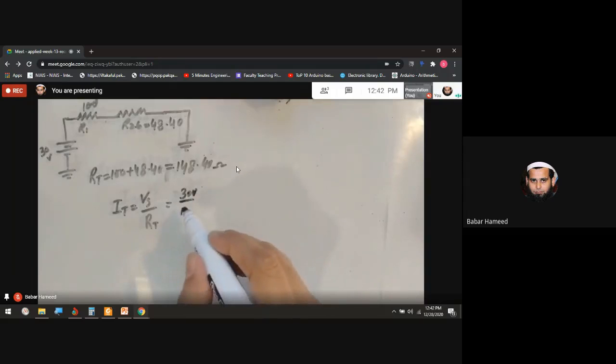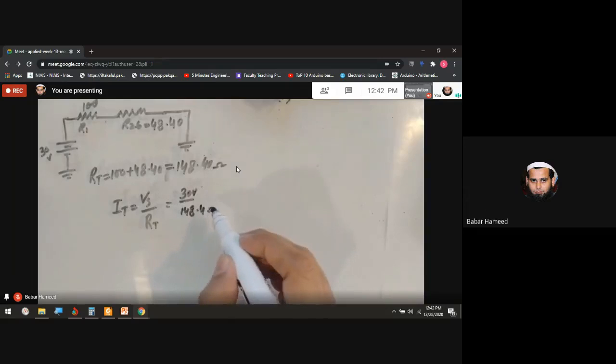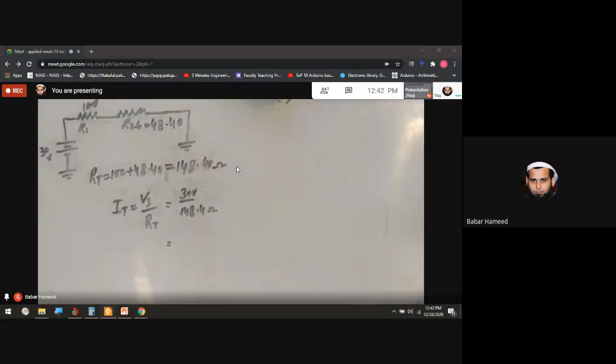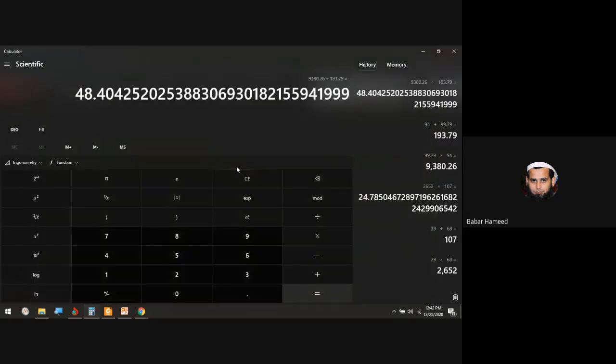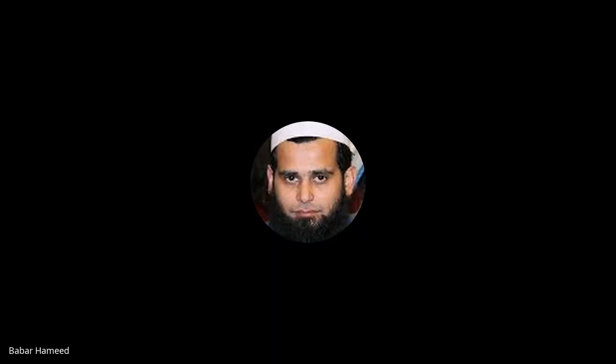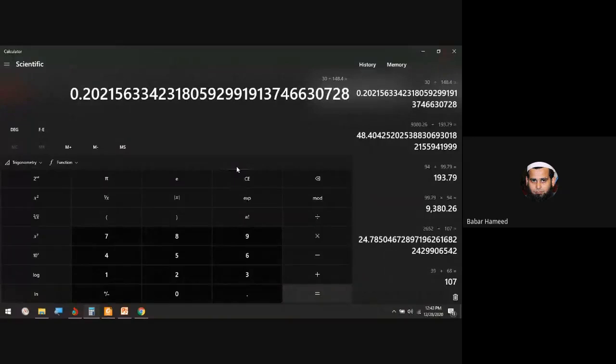And RT is 148.4 ohm. Then what will be the result? 30 divided by 148.4, 0.202 ampere.